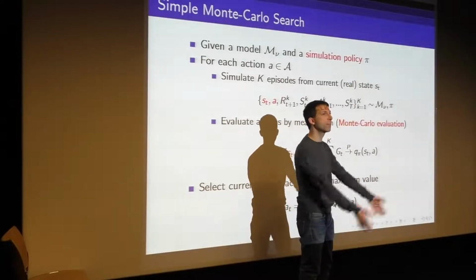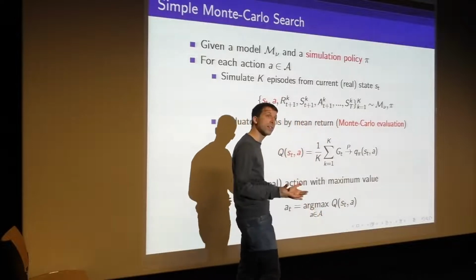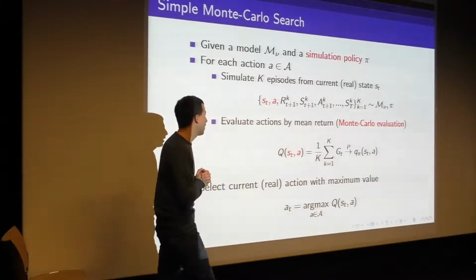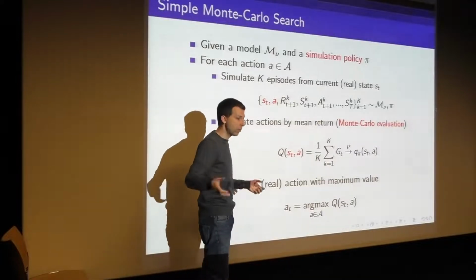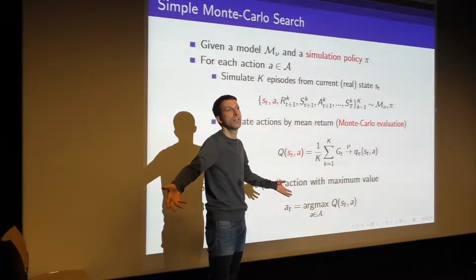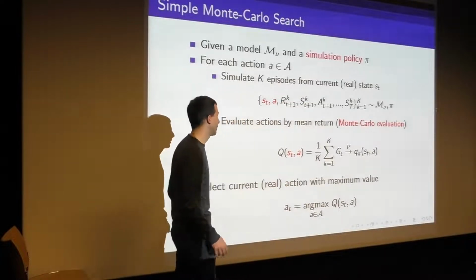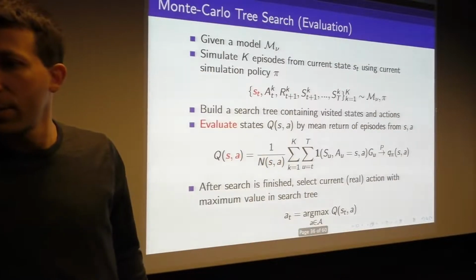If we run enough simulations, we really will converge on the expected value of those returns, which is the definition of the value function. And then all we do is pick the real action to take. Now, do I go left or do I go right in the real world? Well, I just pick the one which had the higher mean, the one which did better in my simulations. That's the idea of simple Monte Carlo search.